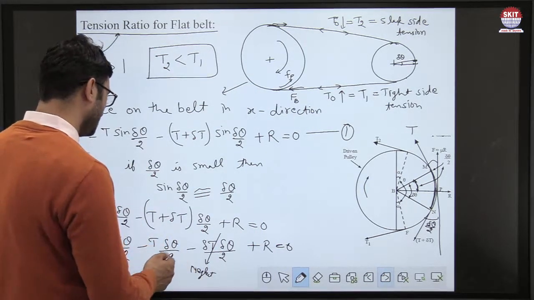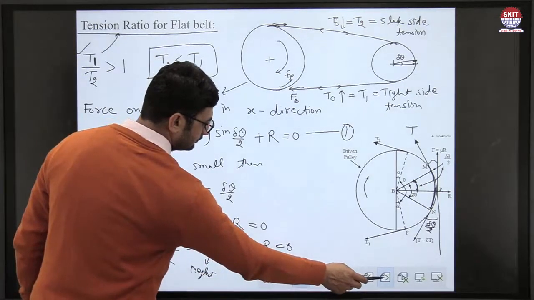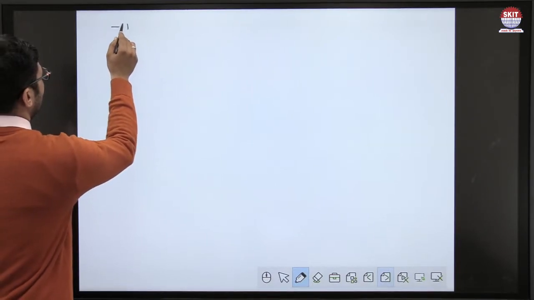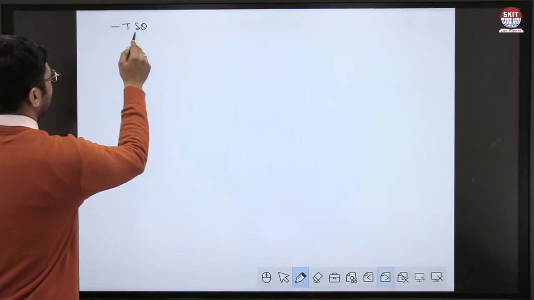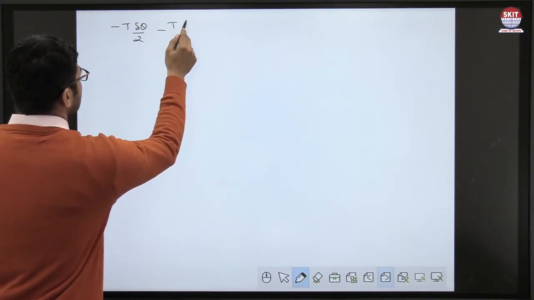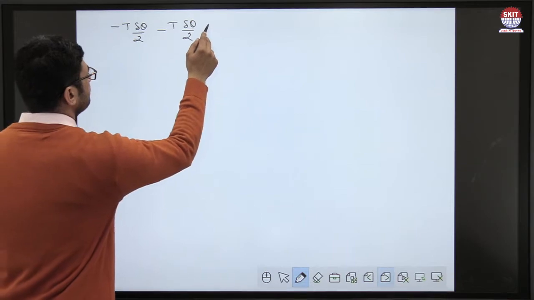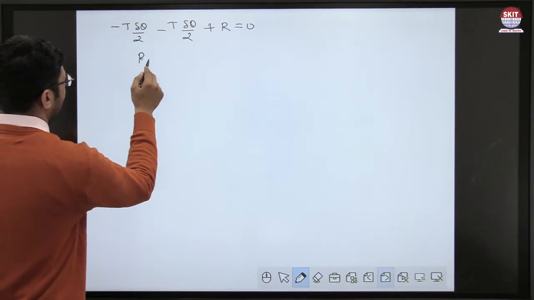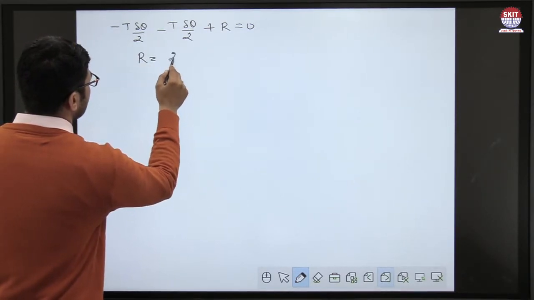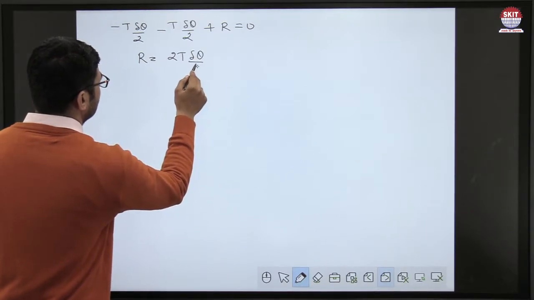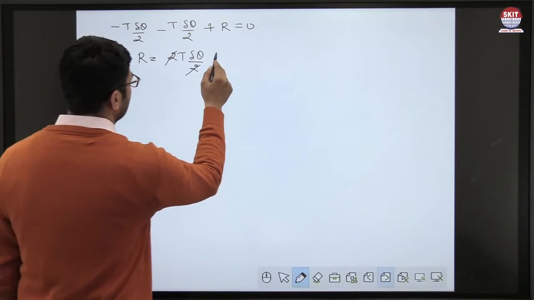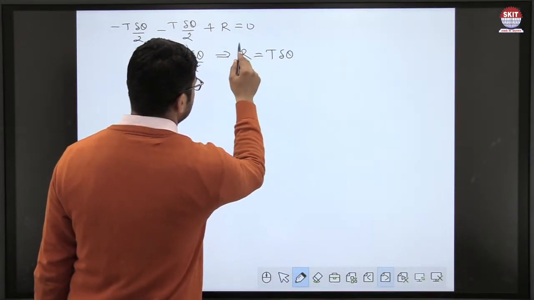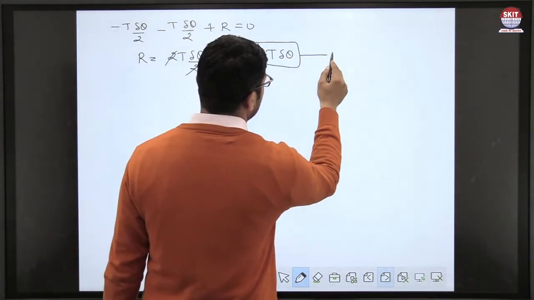Now the remaining equation is minus T del theta by 2 minus T del theta by 2 plus R equal to 0. So R equal to 2T del theta by 2. The 2 is cancelled out. The final value of R equal to T del theta. This is equation number 2.